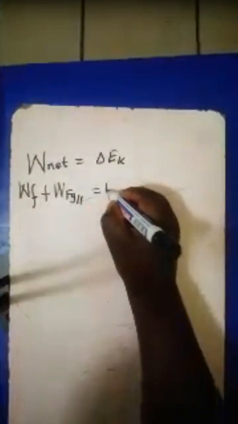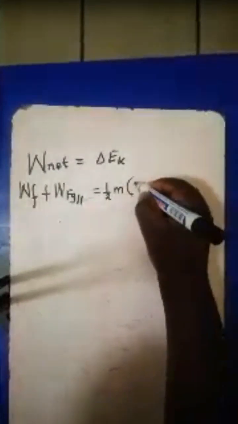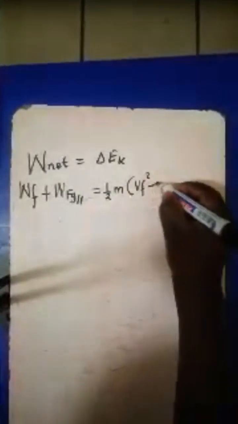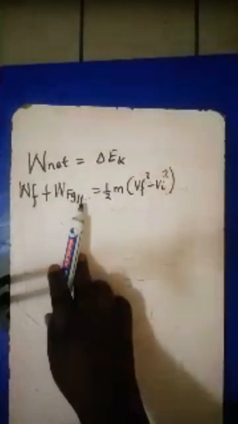These are the two forces which are doing work. Equals one half mass times final velocity squared minus initial velocity squared. So most of the colleagues were adding F plus Fg parallel. You forgot you were talking about work.